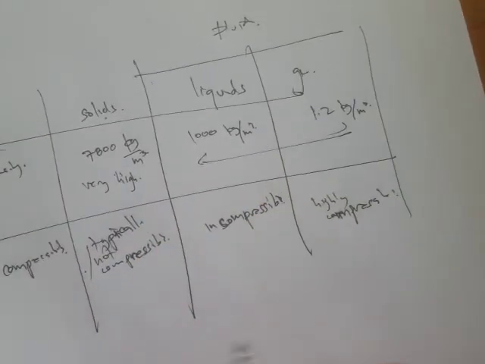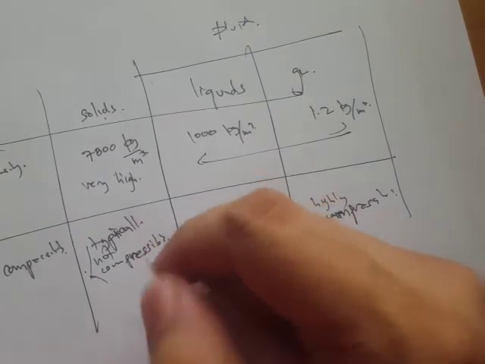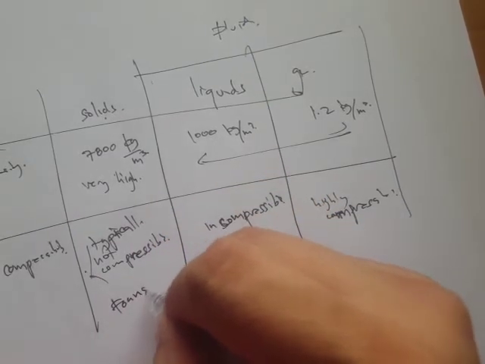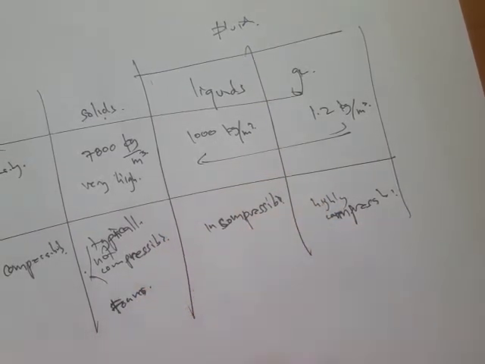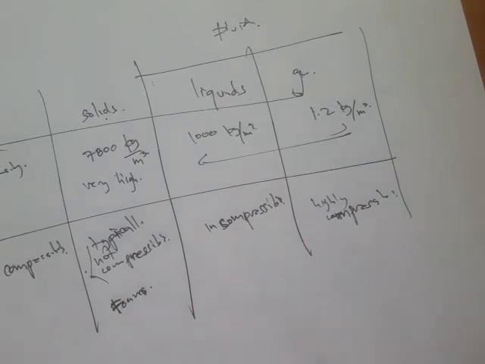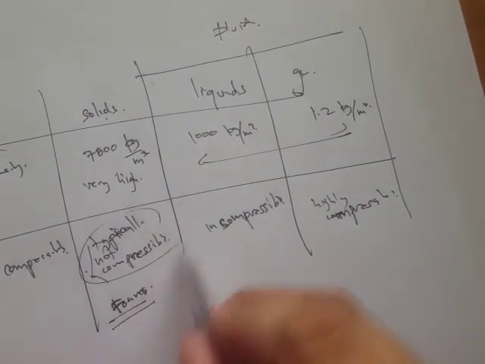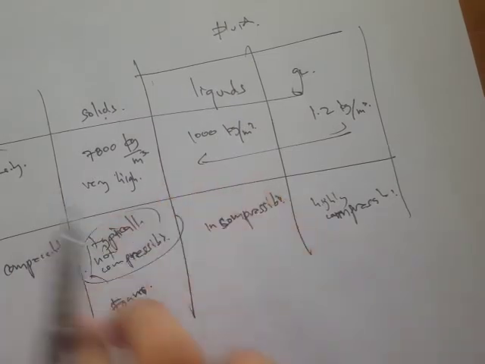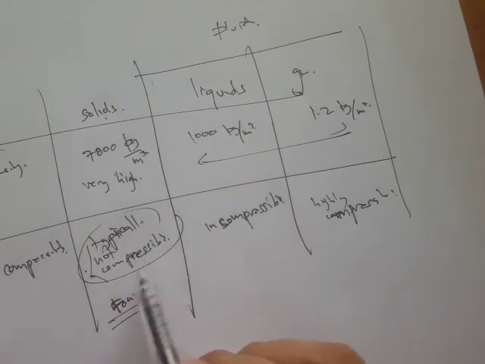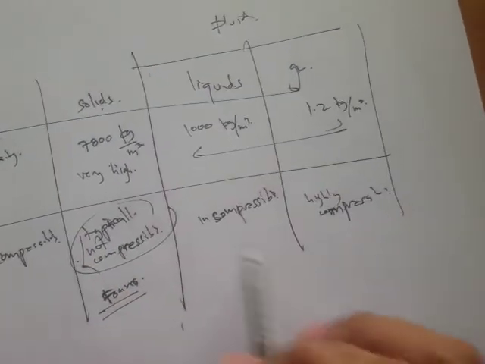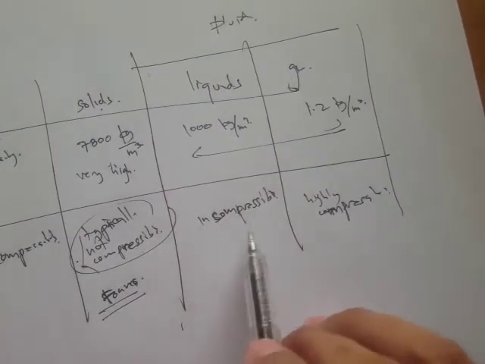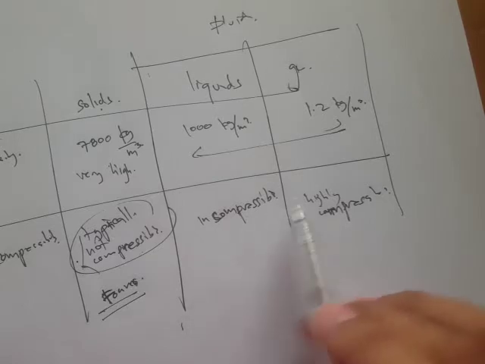Because you might ask me, what about foams? Foams, of course, can be compressed. But usually solids are not compressible, like for example steel bars, woods, concretes. They're incompressible or assumed to be incompressible.